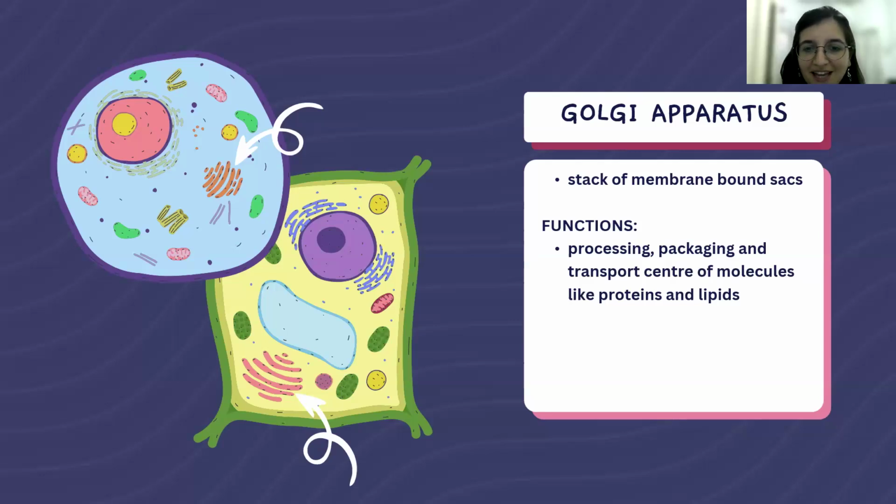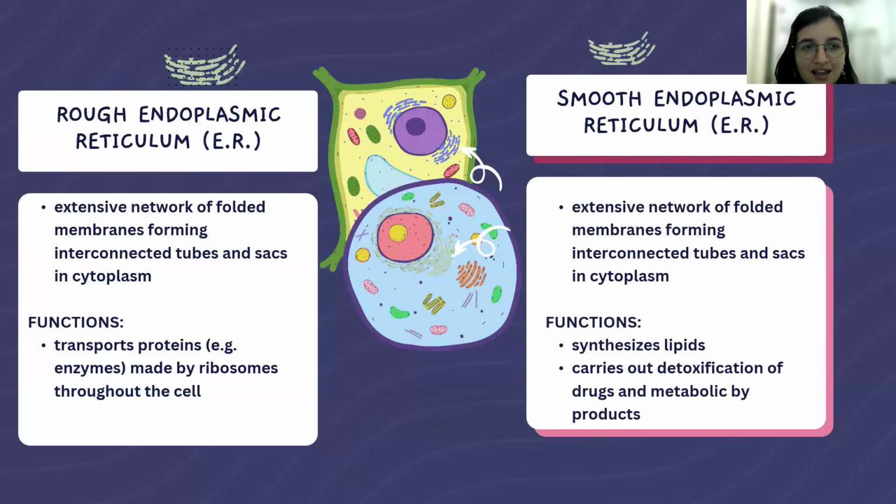It processes, packages, and transports molecules like proteins and lipids throughout the cell. And we learned about the rough endoplasmic reticulum and the smooth endoplasmic reticulum. Again, the difference is that the rough endoplasmic reticulum appears rough under the microscope because it has ribosomes attached to it. And its function is to transport proteins, whereas the smooth endoplasmic reticulum is smooth.